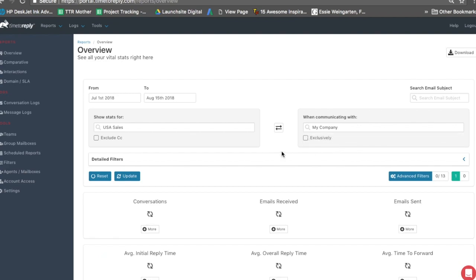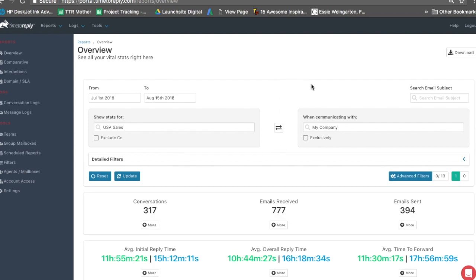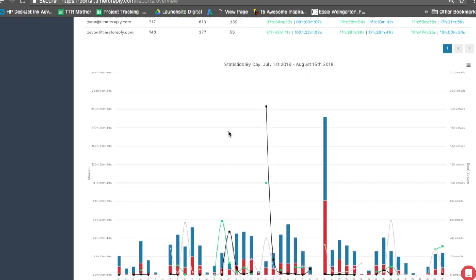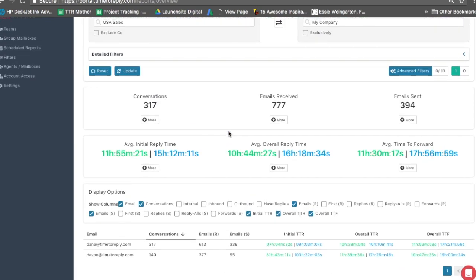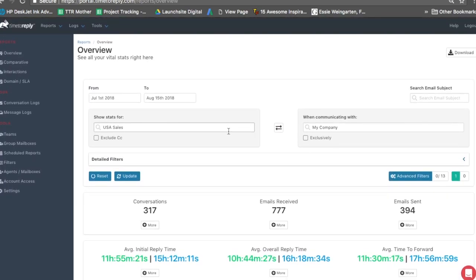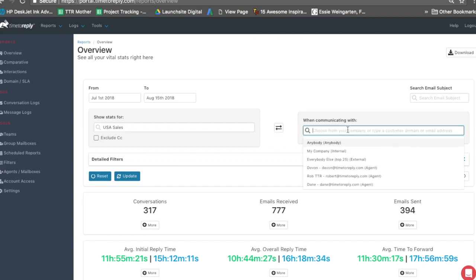So how is this team when communicating with my company? And don't forget, you can do this team to team, and it gives you an idea if there are any bottlenecks in terms of certain companies, certain teams within your company not communicating well, certain individuals not communicating well. You can cross-compare as you see fit.